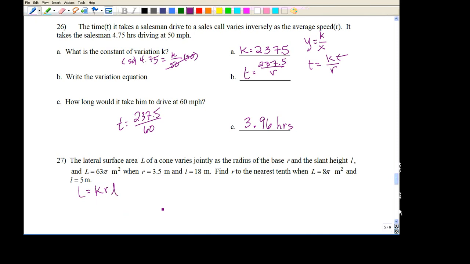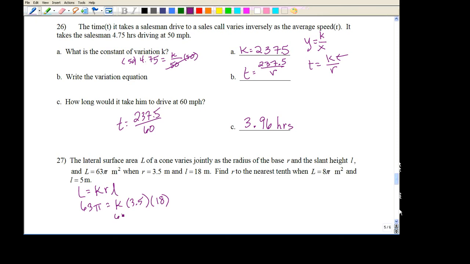And so L equals 63 pi square meters when r equals 3.5 meters and l equals 18. So it gives us an almost complete scenario here where we just have to find the value for k. So if L is 63 pi, we don't know what k is. We know that r is 3.5, and we know that l is 18.